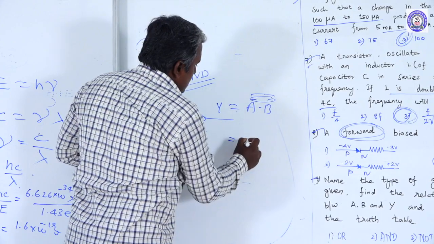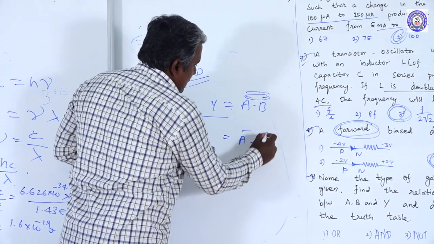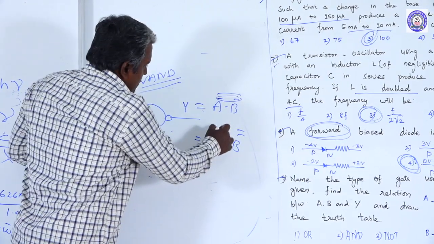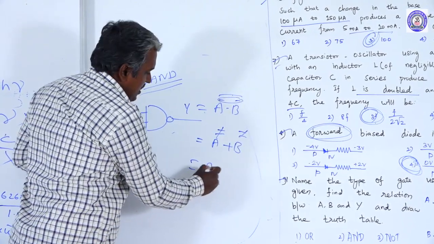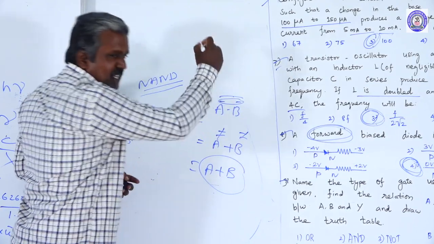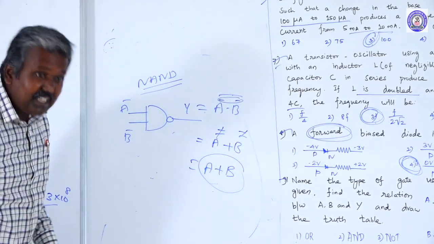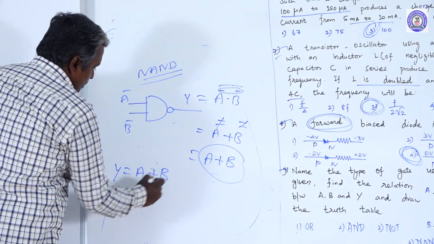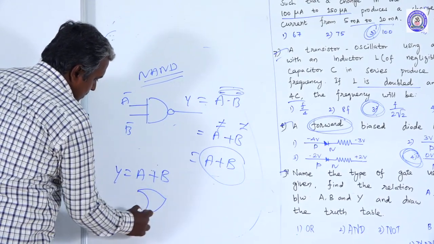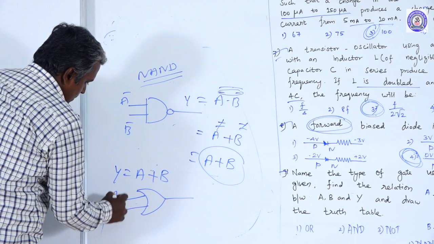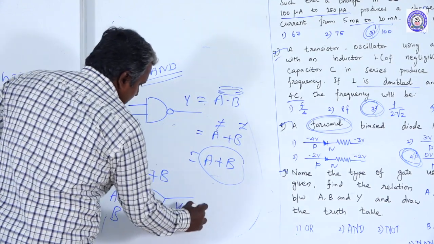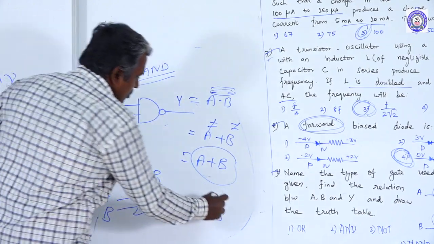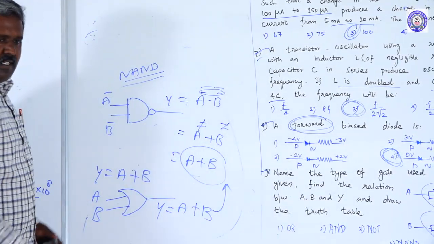Already one bar cancels, remaining A plus B. It is equal to an OR gate. Very good. Y is equal to A plus B. The Boolean expression for an OR gate is Y is equal to A plus B. So, clear?